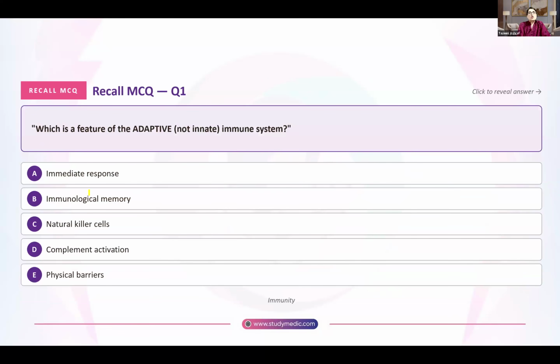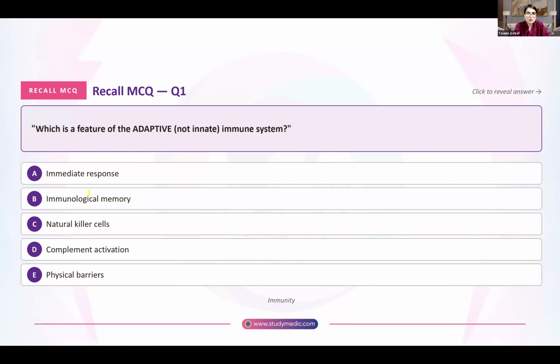So which is a feature of the adaptive immune response? Adaptive means it has been adapted; it was not innate, it is adapted. So what is the feature of adaptive immune response?